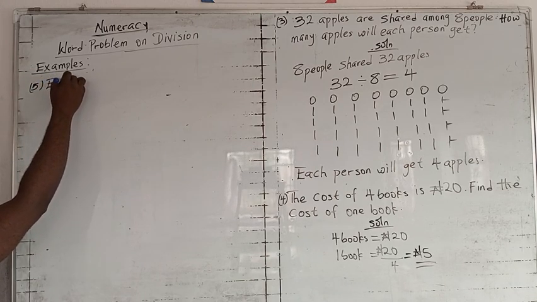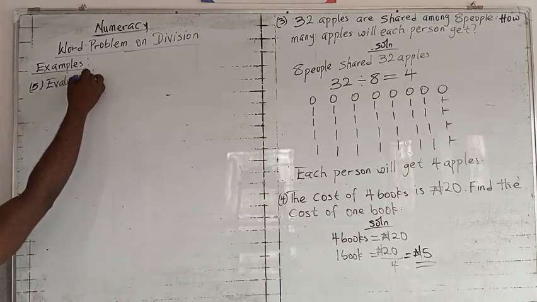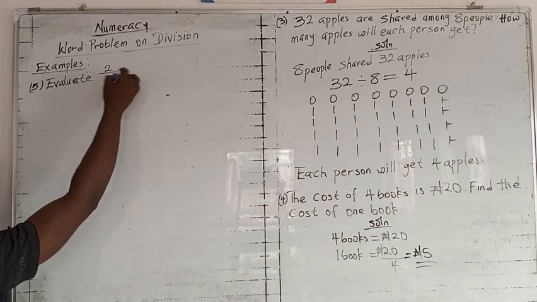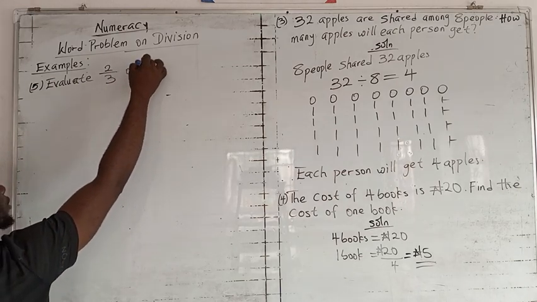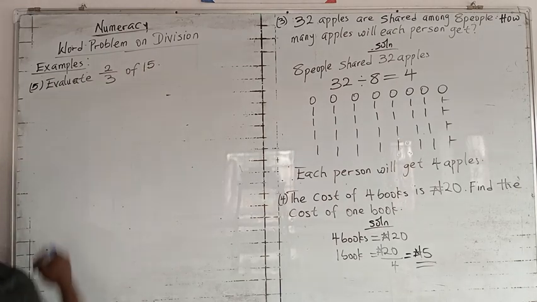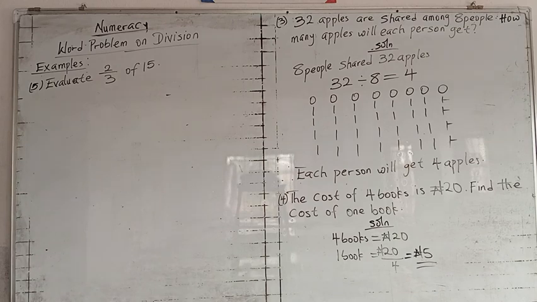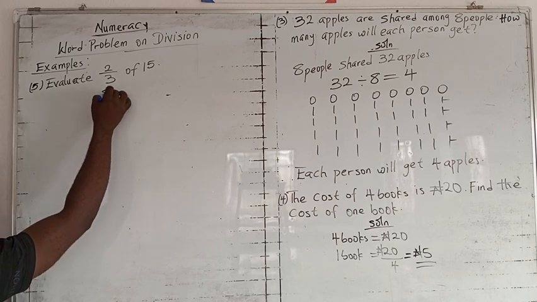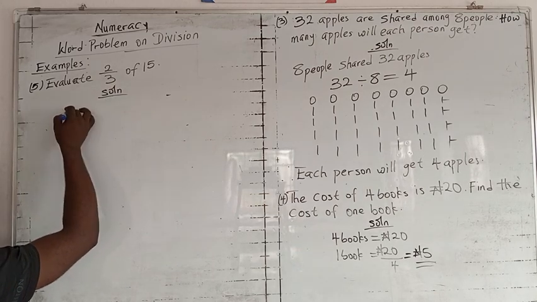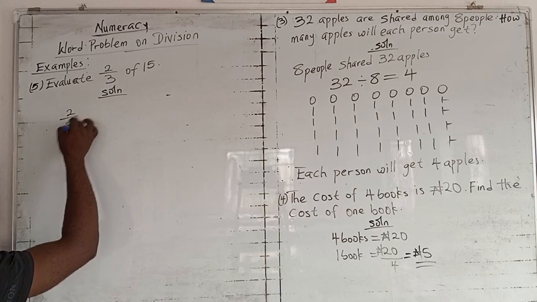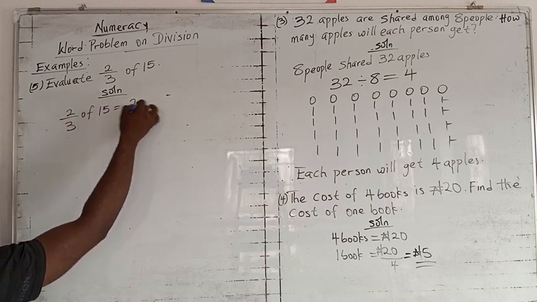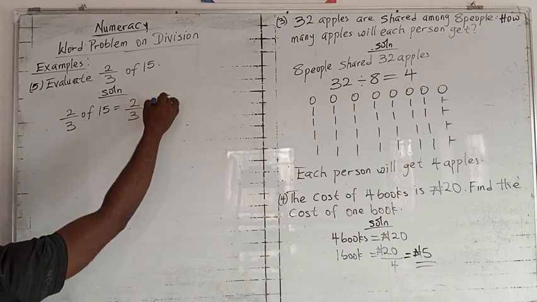Evaluate 2/3 of 15. Solution. 2/3 of 15 means 2/3 times 15.